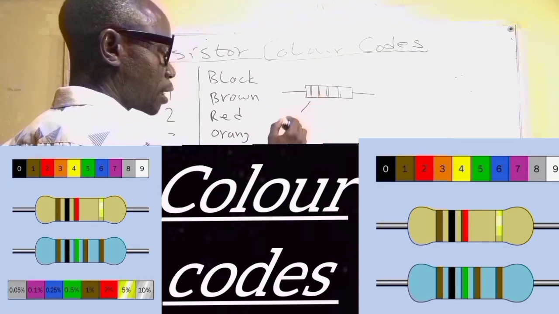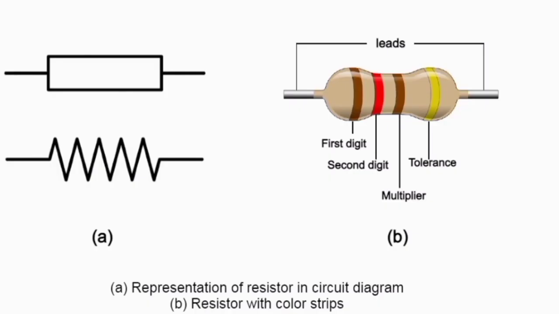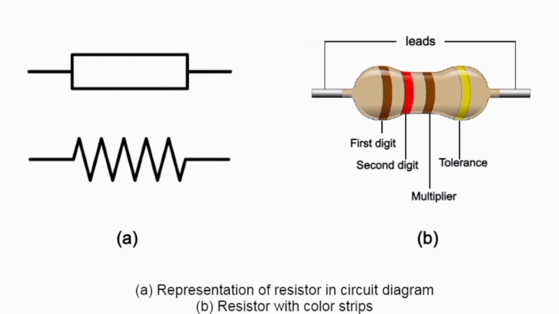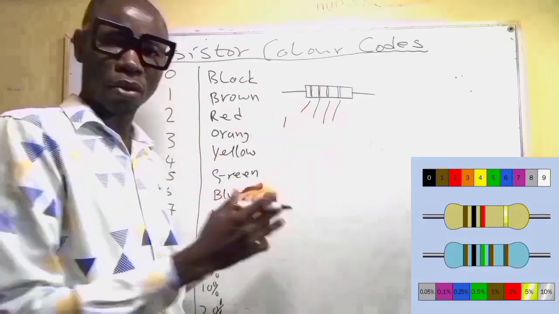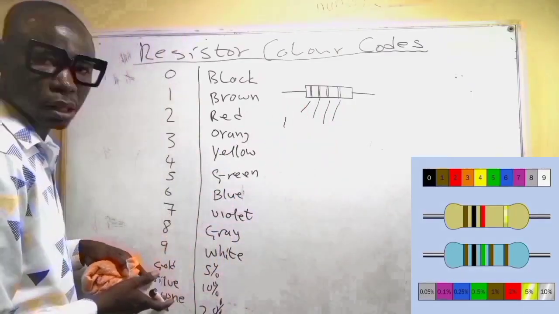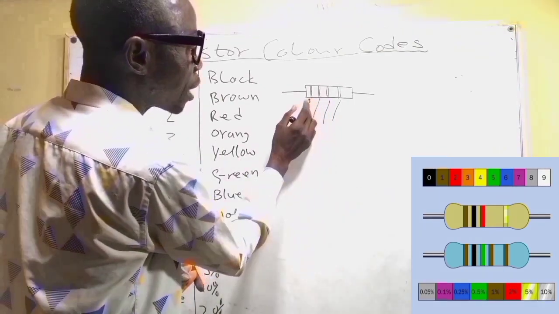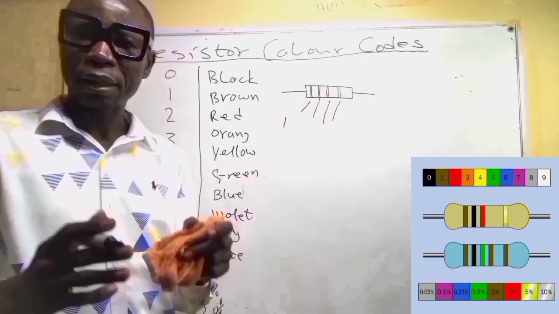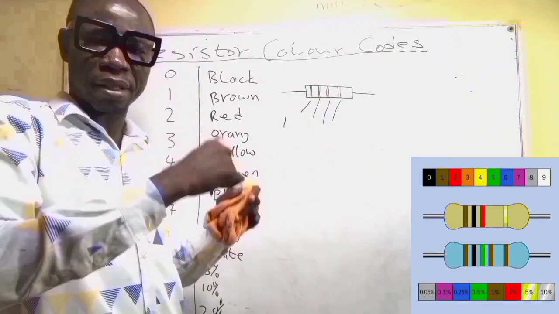This is the first band, second band, third band, and then the fourth band. The fourth band represents the tolerance, which we use to calculate the tolerance. That is the gold, silver, and none. The first, second, and third bands determine the value of the resistance in the resistor.